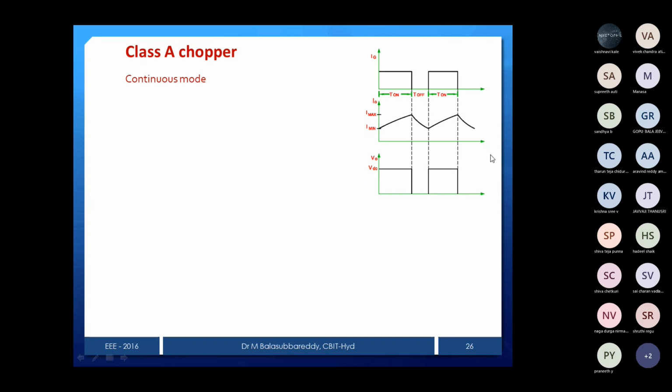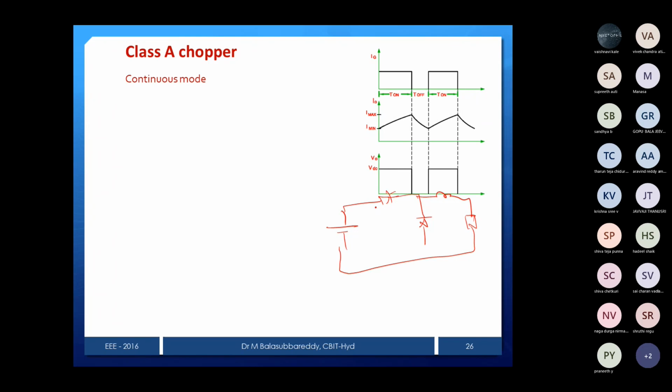Now during continuous mode of operation, when the chopper is on, what is our voltage equation? You can see your circuit: there is a supply, then chopper, then diode, then inductor, then load.